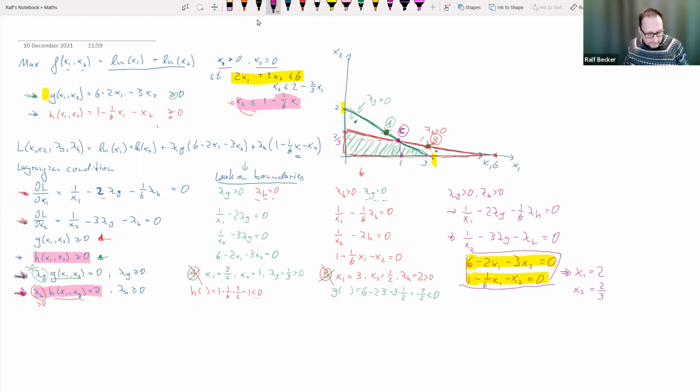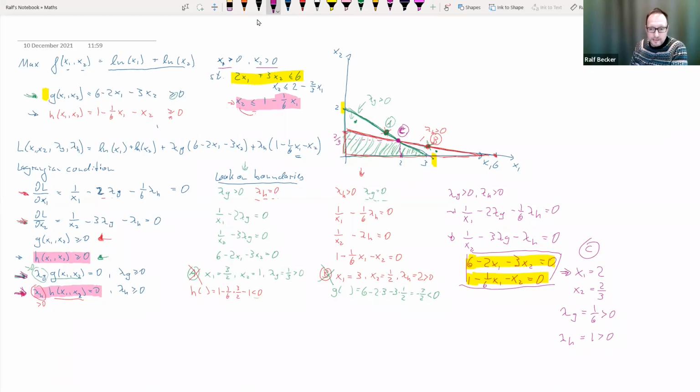What you will find is that lambda g is equal to 1/6, which is larger than 0, and lambda h is equal to 1, which is larger than 0. So this is point C, and at long last, we found a potential solution.